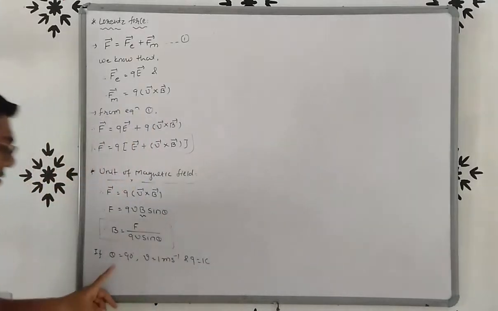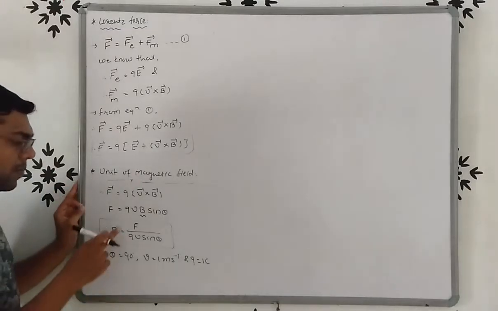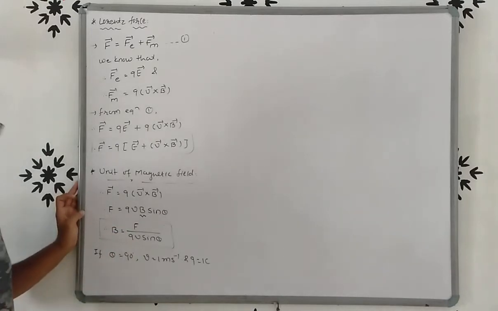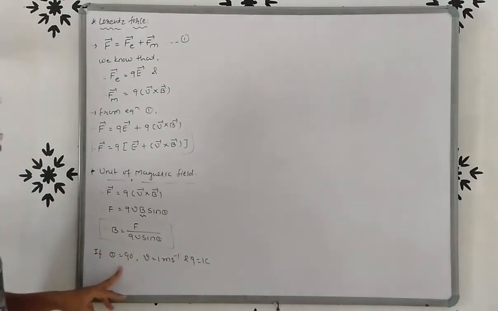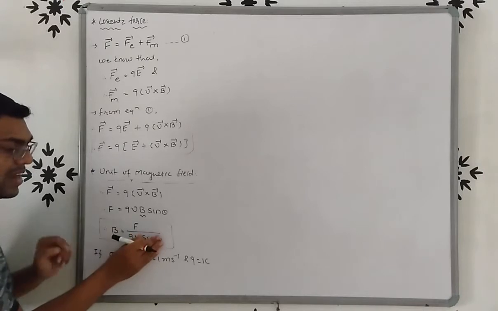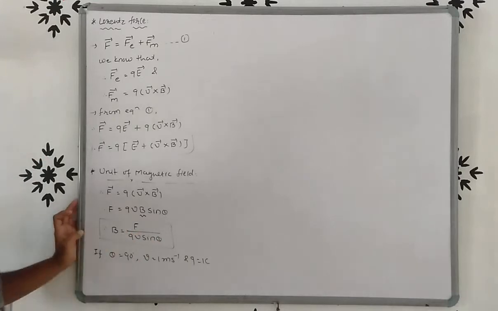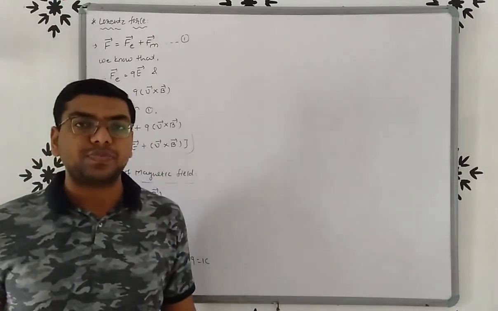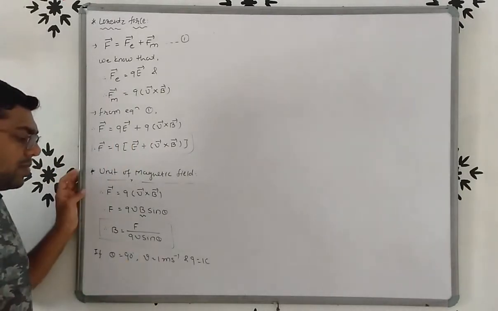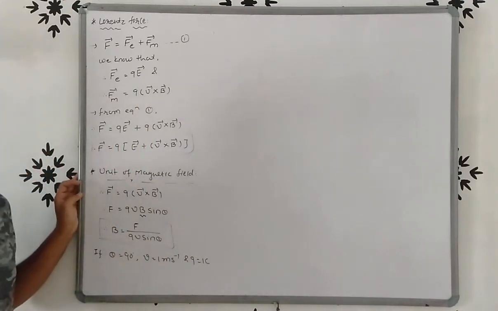So if theta equals 90 degrees and velocity V equals 1 meter per second, then F, that means magnetic force upon Q, that is per unit charge, is known as B, the magnetic field. I repeat once again: if theta equals 90 and velocity V equals 1 meter per second, then magnetic force per unit charge is known as magnetic field.